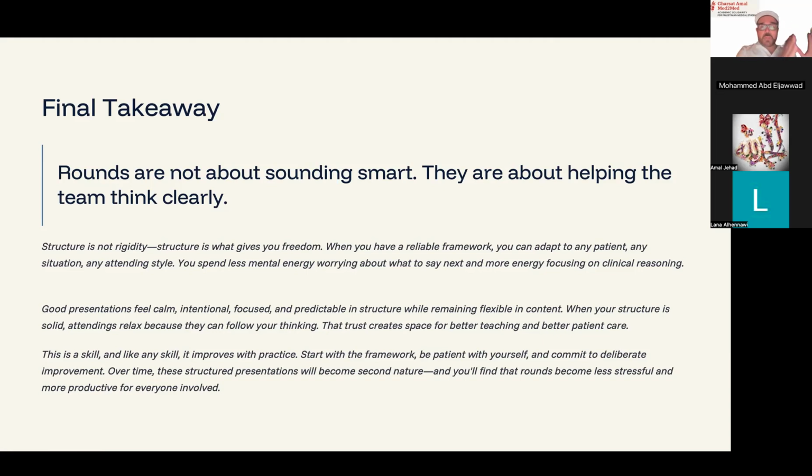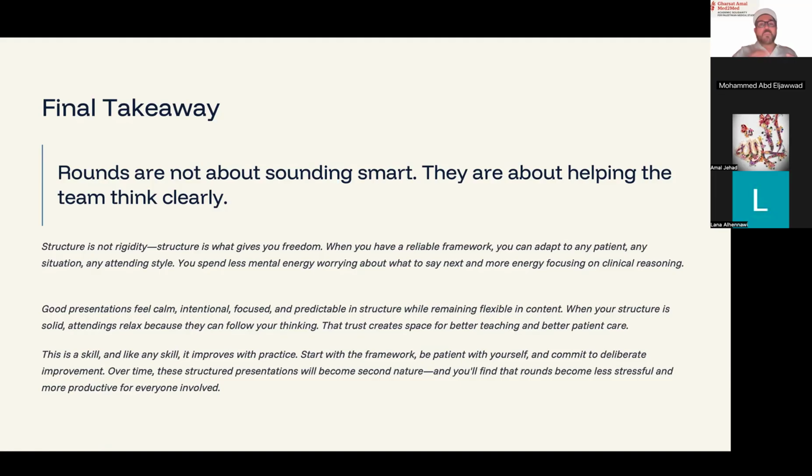So start with the framework. Be patient with yourself. Commit and promise yourself to constantly, intentionally, deliberately improve. Over time, the structured presentation will become just the way you talk, and you'll find that rounds will become less stressful. Actually, you'll start to enjoy them.